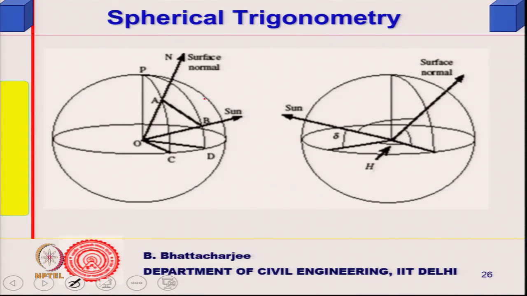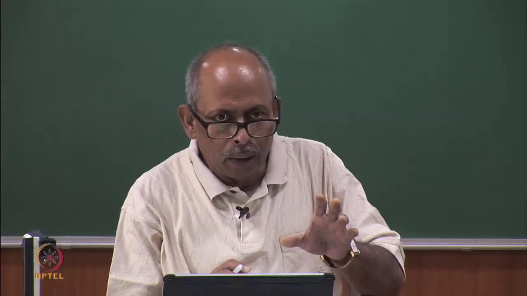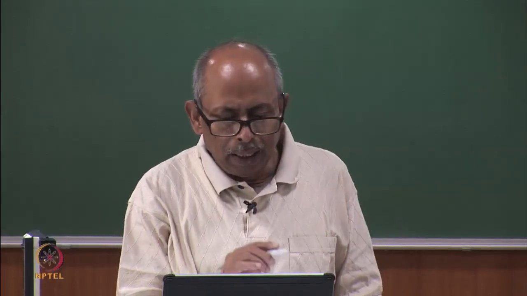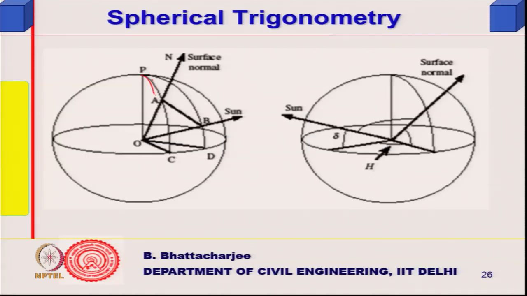Or maybe I have another diagram, this will show you better. Now, before doing that, let us understand a little bit related to spherical trigonometry. Compared to a triangle in Cartesian coordinates, a spherical triangle is defined by 3 arcs on the surface of the sphere. In a planar triangle, there will be 3 lines which will close the polygon, and I have the triangle.